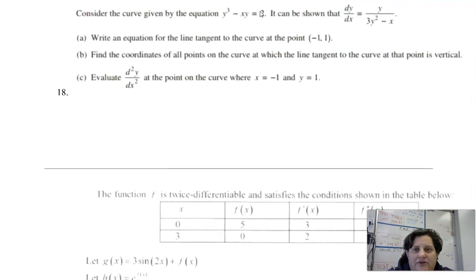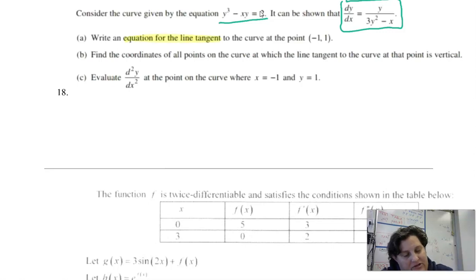Okay, here's an implicit question. Consider the curve given by the equation y to the third minus xy equals 2. It can be shown that dy dx is that. Great. Write an equation of the tangent line. You guys know how to do that.